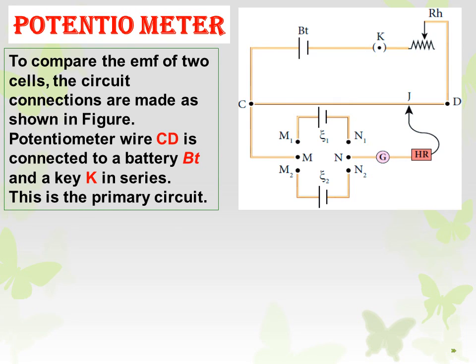This potentiometer experiment is used to compare the EMF of two cells, and the circuit connections are made as shown in the figure. The potentiometer wire CD is connected to a battery BT and the key K, which are in series. Okay, now this is called the primary circuit.